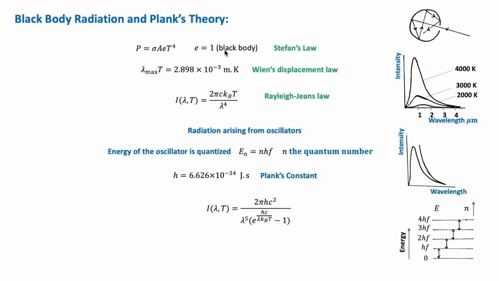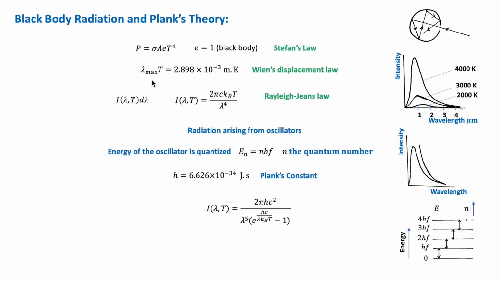And the second point noted from experiment is that the peak of the wavelength distribution, as you can see here, is shifting towards shorter wavelengths as the temperature increases, okay? And this shift was found experimentally to obey a relationship known as Wien's displacement law. This is the law here.